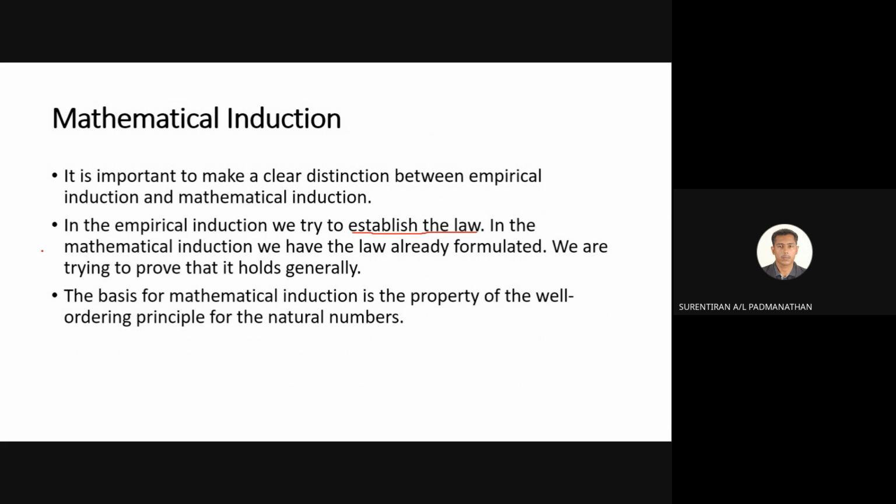Empirical induction, we try to establish the law, we are trying to create a new law. But in mathematical induction, we already have the law, the formula already existed. So we're trying to prove that it holds generally. This is for mathematical induction. So the basis of mathematical induction is the property of the well ordering principle for the natural numbers. So this is what mathematical induction is about.